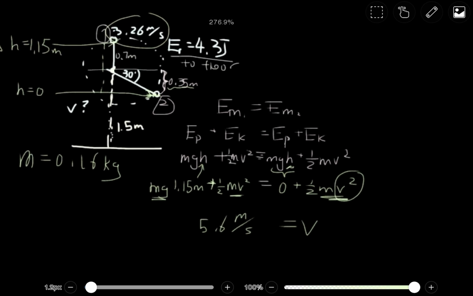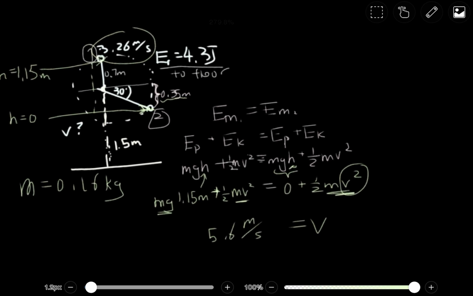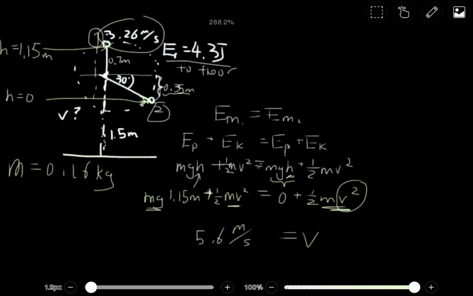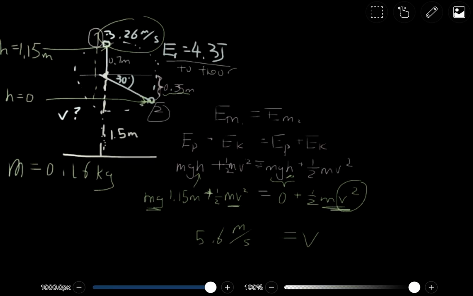So this is an easy way to use a reference point for height so that you don't have to calculate so much. But since we're given the mechanical energy at the top in reference to the floor, if you had to use that given, here is the other way that you can solve for it.